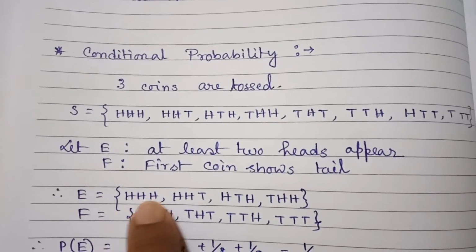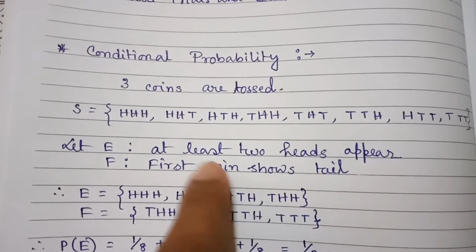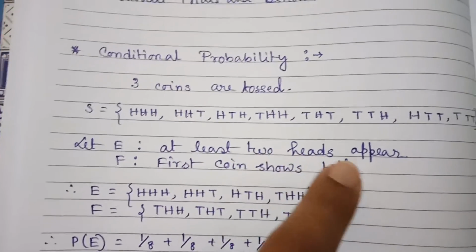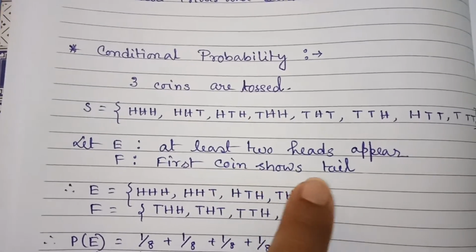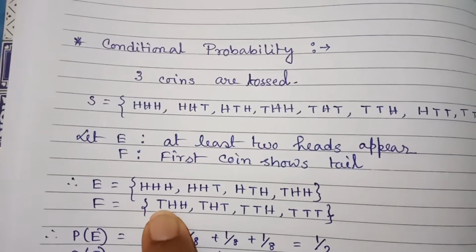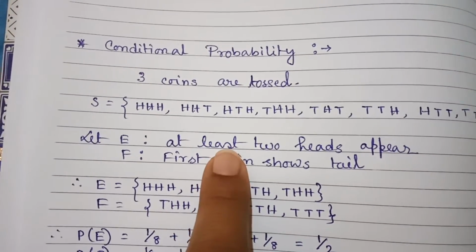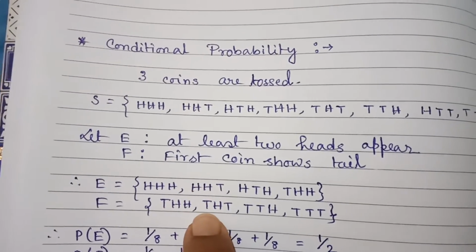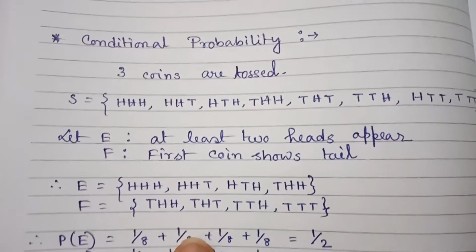Now E will have this because we need a minimum of 2 heads, at least 2 heads appear, and F is the first coin shows tail. That means whatever we are taking, the first one must be T. So according to these two descriptions, we have got 4 sample points in each of the event sets.